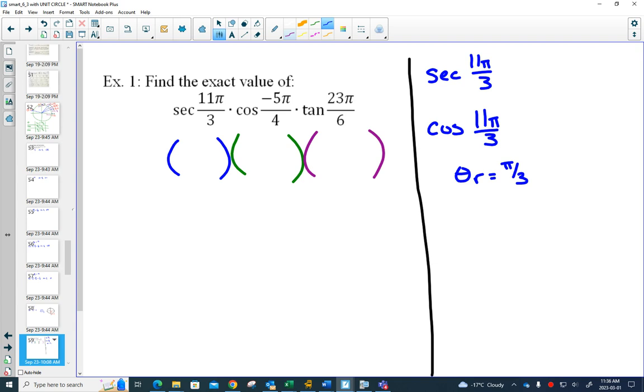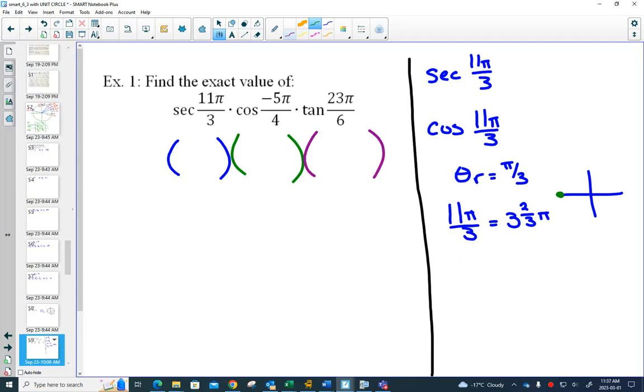But I need to figure out what quadrant 11 pi over 3 is, and this is related to the activity we did the other day. I can think of 11 pi over 3 as a mixed fraction. It would be 3 2/3 pi. So if we think of our unit circle, 3 would take us to the negative x-axis.